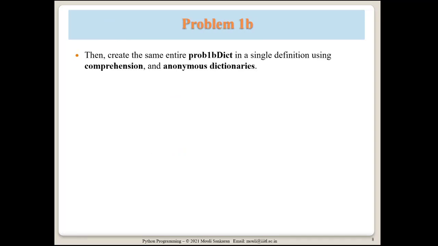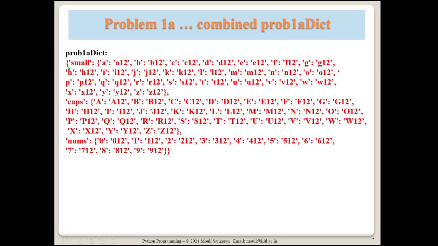Now the same thing I am asking you to build using anonymous dictionaries in a single comprehension. The same output. Problem 1b dictionary also should give you the same output, but here I am not insisting on how you build it. It is left to you.